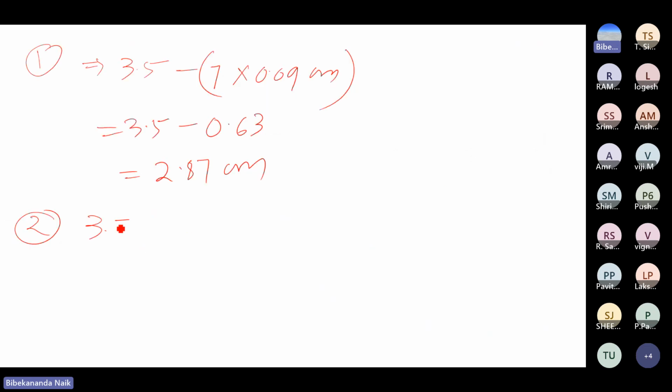So here it will be 3.6 minus 7 into some value.